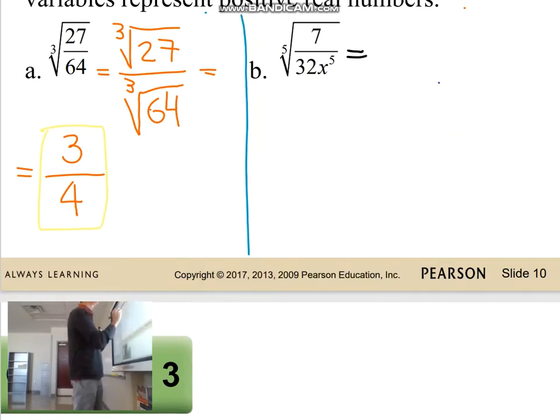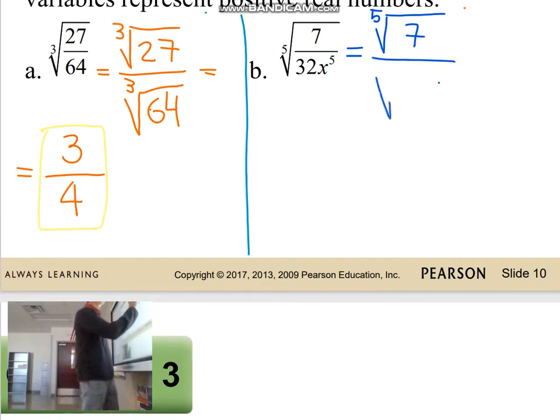We have here the fifth root of 7 over 32x^5. We can apply the quotient rule, so it's the fifth root of 7 as the numerator and the fifth root of 32x^5 in the denominator.